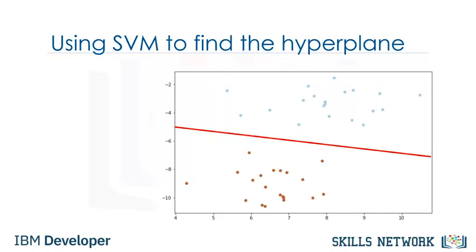Basically, SVMs are based on the idea of finding a hyperplane that best divides a dataset into two classes, as shown here. As we're in a two-dimensional space, you can think of the hyperplane as a line that linearly separates the blue points from the red points.